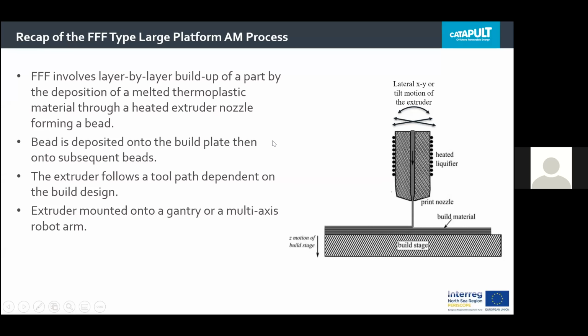So as I talked about earlier, the thermoplastic deposition process is where you're introducing a layer by layer approach of melted thermoplastic material, where you have the interfaces between the beads or the rods that are being deposited, with the extruder following the tool path that is going to gradually build up your part.